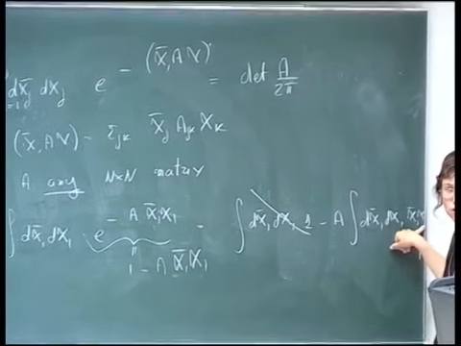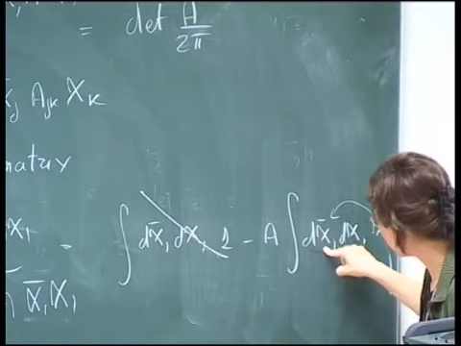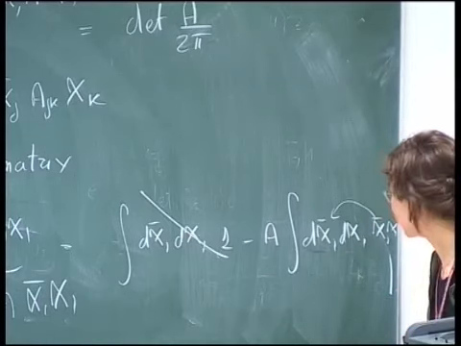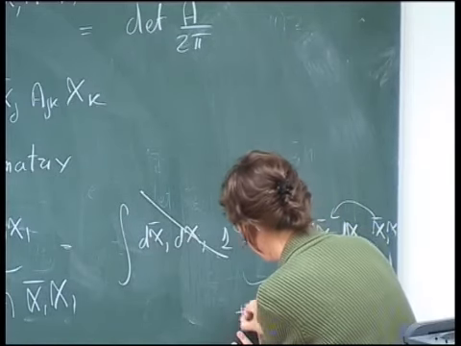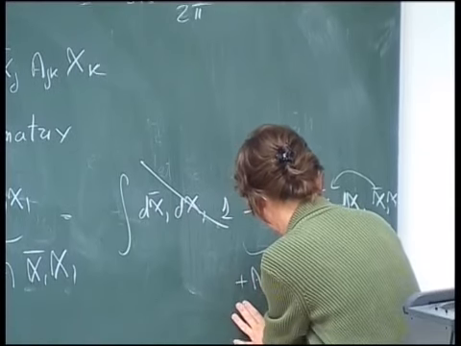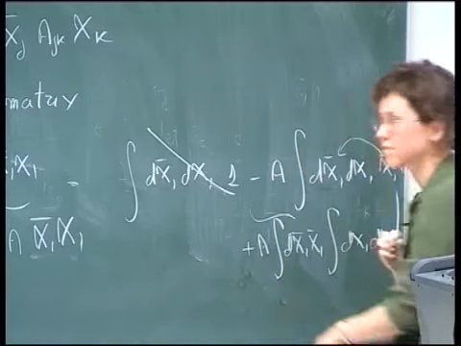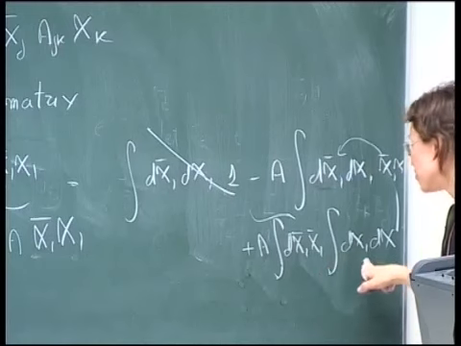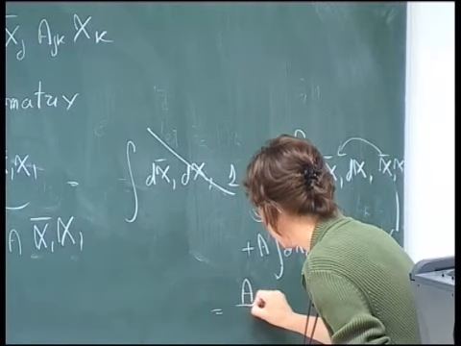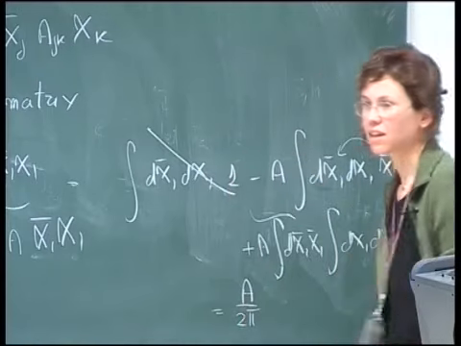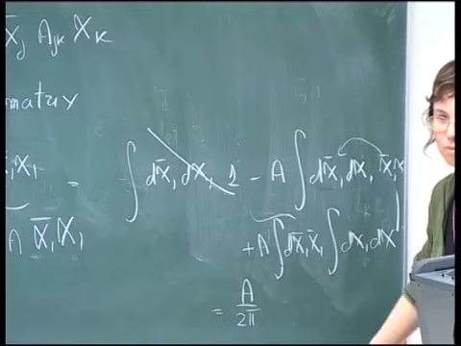Before doing the integral, I have to bring the variable next to the corresponding d. They are anti-commuting, so this is equal to plus A, the integral over dχ bar 1 χ bar 1. Now I have a product of two integrals. They are both 1 over square root of 2 pi, so the result is A over 2 pi. But that's exactly the determinant of a 1 by 1 matrix divided by 2 pi.